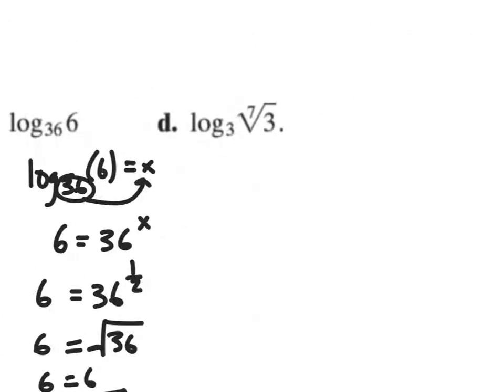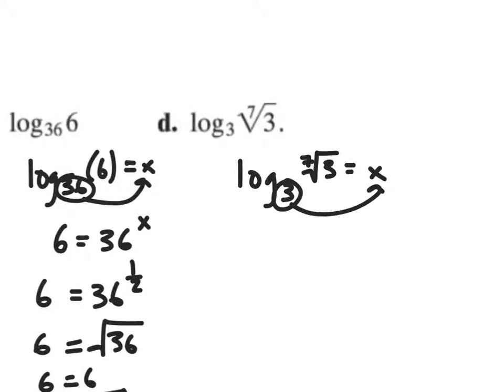Part D, let's rewrite this as log base 3 of the 7th root of 3, and that's going to equal x. So I have 3 to the what power gives me the 7th root of 3. So let's write that. The 7th root of 3 is equal to 3 to the x power. Now here's what I've got.